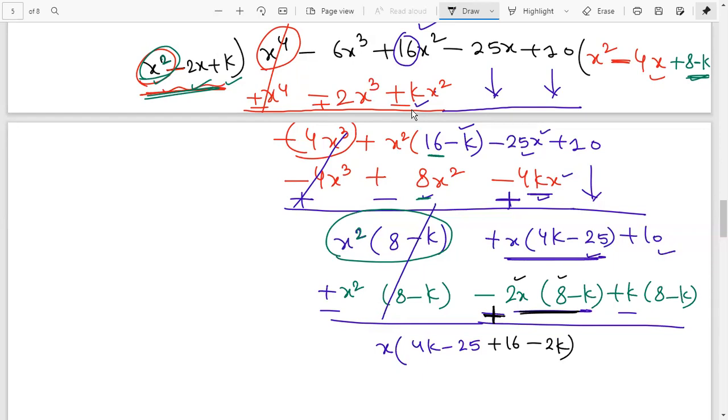And now for these values, this value will be added once because we have constant 10. Here also this is a constant value. So we'll write together. So 10 minus, the sign is minus, that is important, minus k into 8 minus k.